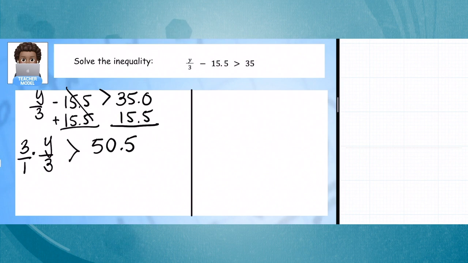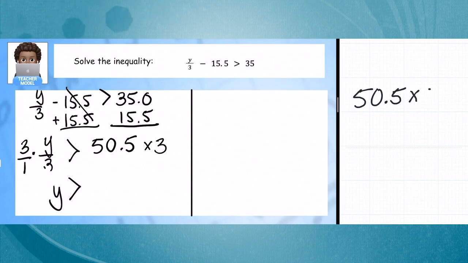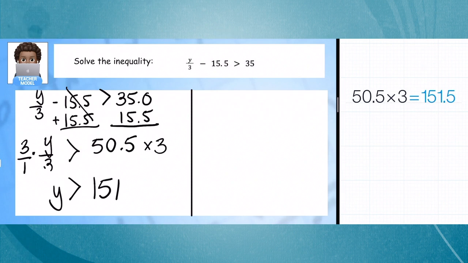And when I do that, just so you can see why, I would end up with 3y divided by 3, which would leave me with just 1y. So that's why we're multiplying by the reciprocal. So I'm left with y is greater than, let's do this to the other side, 50 and 5/10 times 3 is equal to 151 and 5/10.